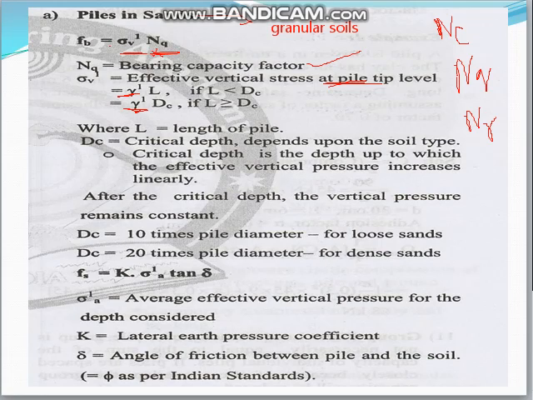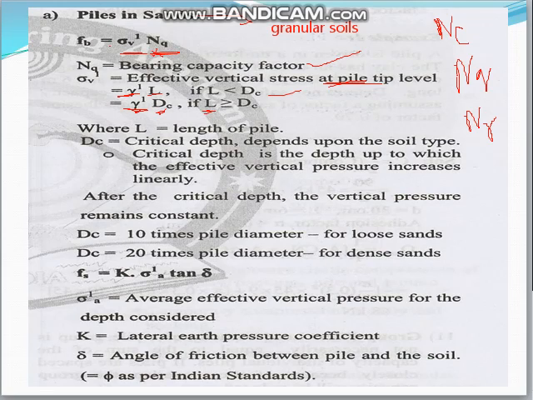Gamma dash is nothing but the submerged unit weight. If the length is less than the critical depth, we take the length of the pile. If the critical depth is less than the length of the pile, we take the critical depth.